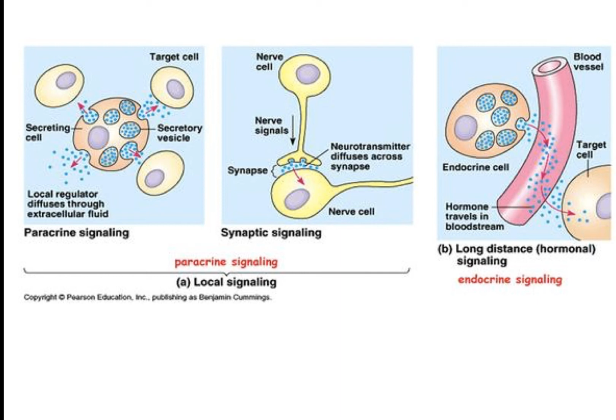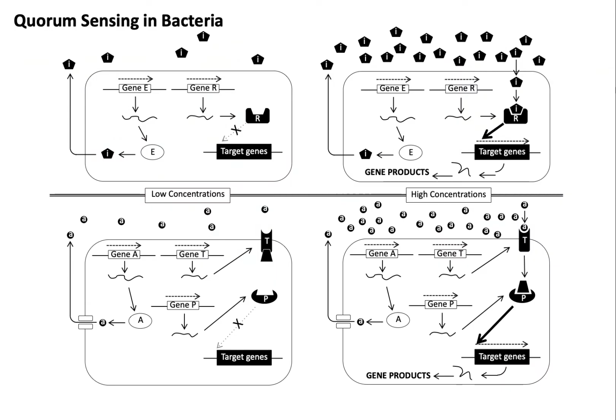Although these signaling systems are associated with multicellular organisms, they had their beginnings in unicellular bacteria. In bacteria, one of the ways that they sense each other is something called quorum sensing. So they will create certain molecules, inducer molecules, that at low concentrations won't stimulate themselves or any other bacterium in the same area.